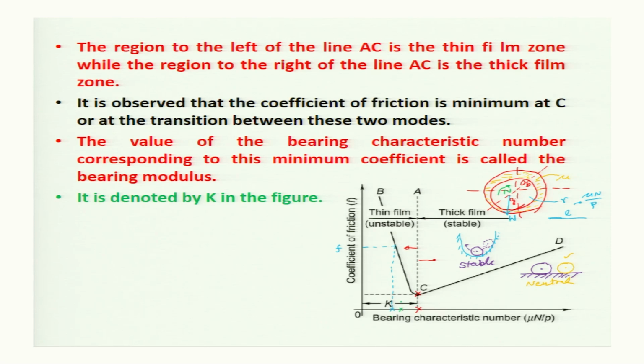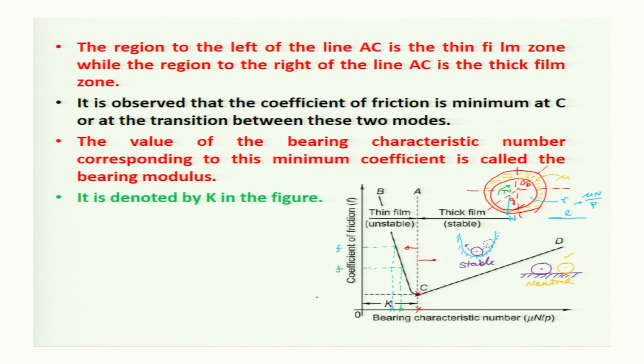Now, let that new location be somewhere here. Corresponding to this new location, the coefficient of friction will be this one. The coefficient of friction is reduced. Here the coefficient of friction was more at the original equilibrium position. At the new equilibrium position, the coefficient of friction is reduced.